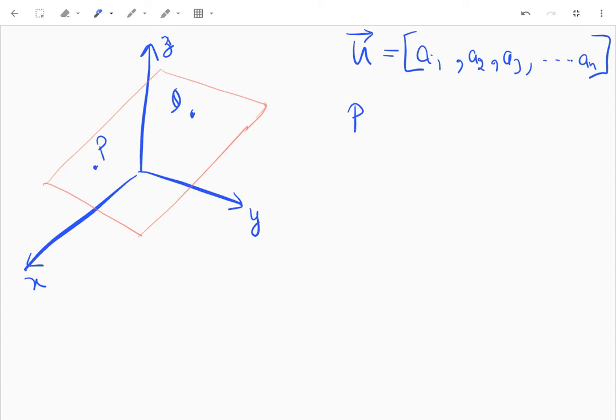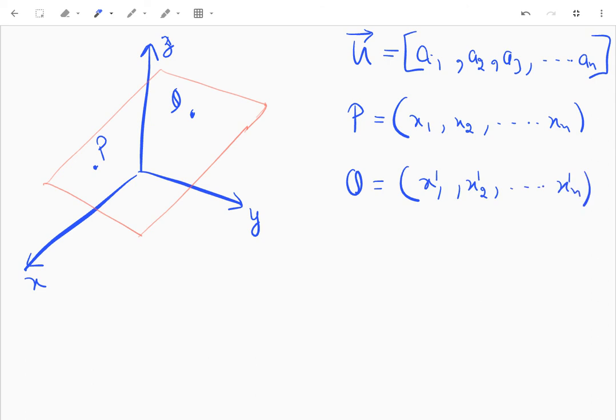Now point p will be, I'm talking about the general case, something like x1, x2, so on till xn, and point q will be x dash 1, x dash 2, so on till x dash n.